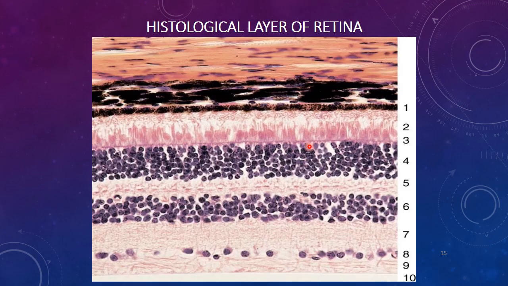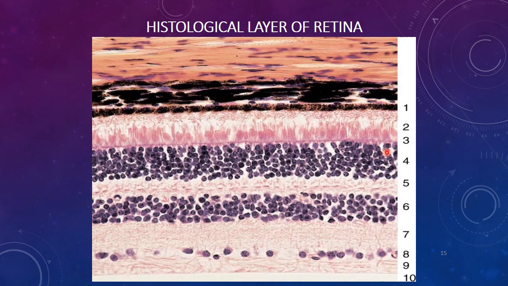This is the histological H&E slide where you can see that this is sclera, this is choroid. This epithelium with melanin pigment is the first layer of retina, that is the retinal pigment epithelium, and then rods and cones, the photoreceptor layer, then is the outer limiting membrane.